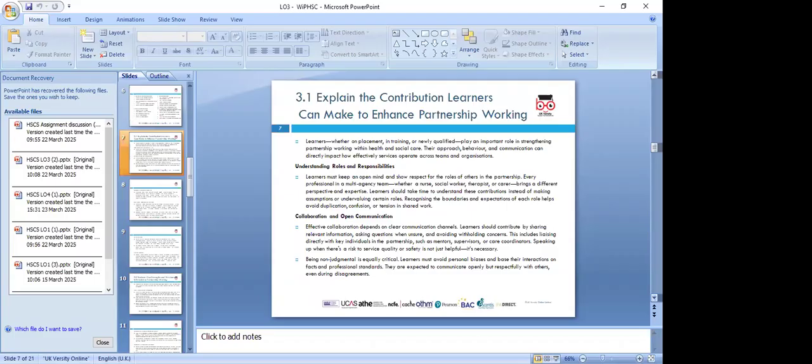Speaking up when there's a risk to service quality or safety is not just helpful, it is necessary. It is very necessary to speak up about any issues that may involve risk. They also have to avoid being judgmental, but should be constructive and critical. All right.